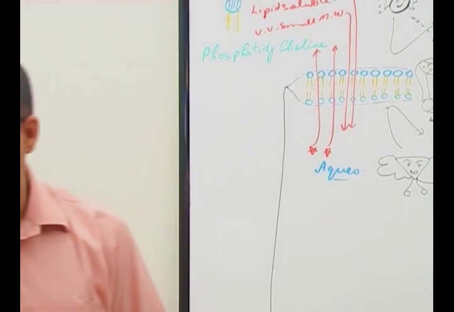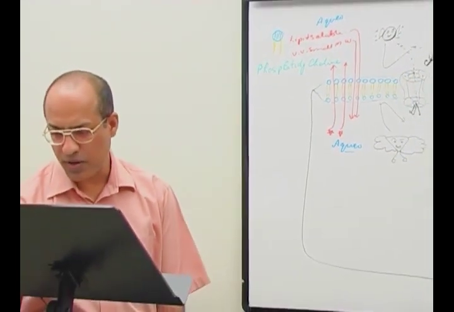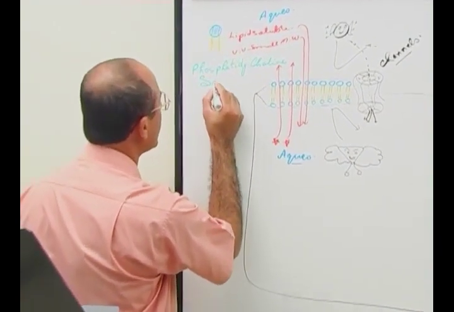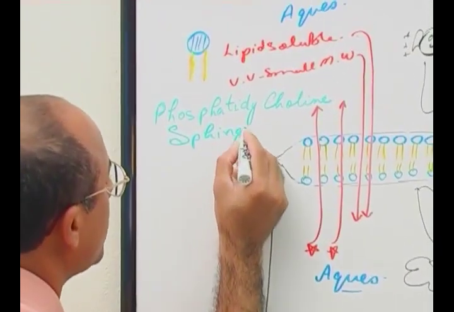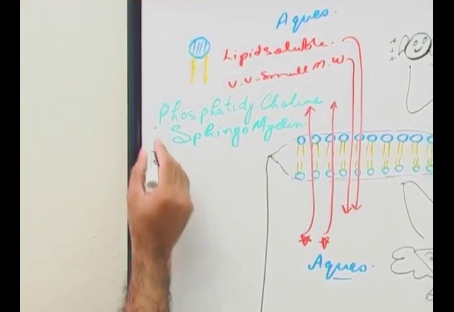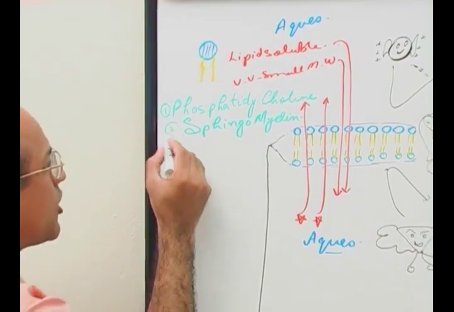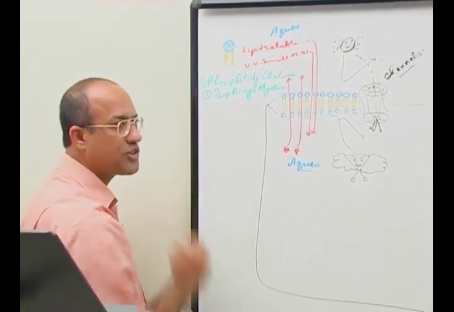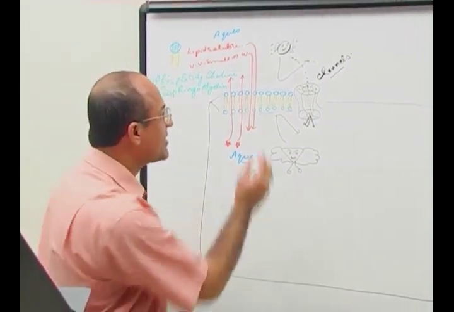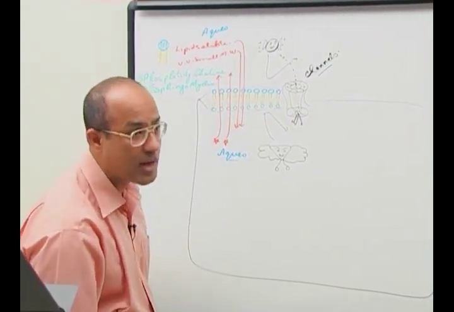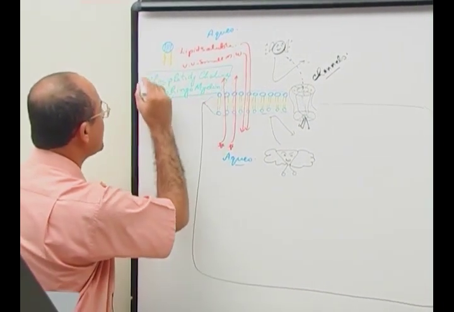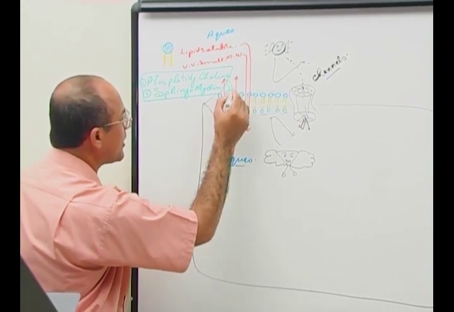With it, there is another friend phospholipid which is called sphingomyelin. So, phosphatidylcholine and sphingomyelin are two types of special phospholipids which are abundantly present in the outer leaflet of the cell membrane. Right?